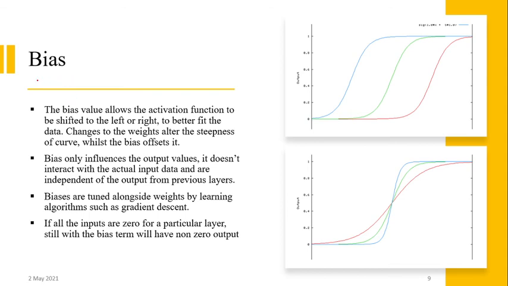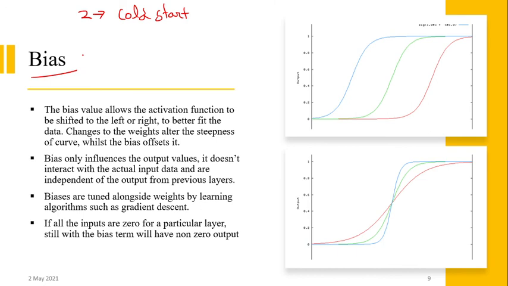Then we have a term that is known as bias. What is bias doing? Bias is trying to solve two major problems. First is the cold start problem. What is this cold start? Suppose all your weights are 0. Then what will happen?